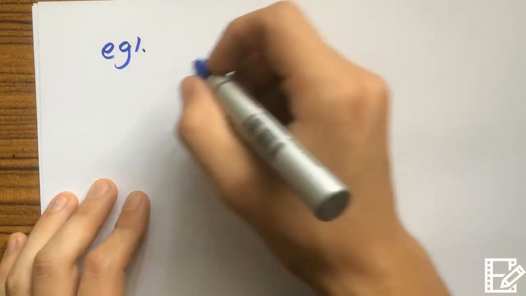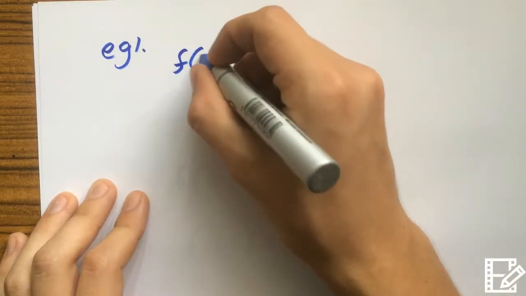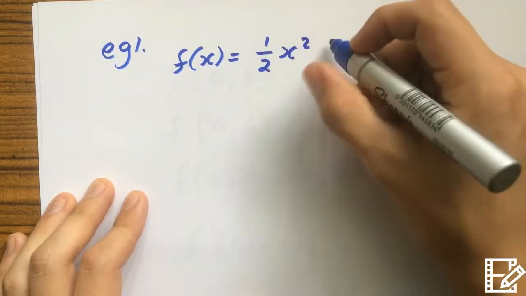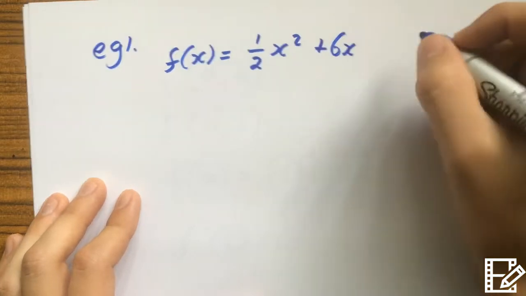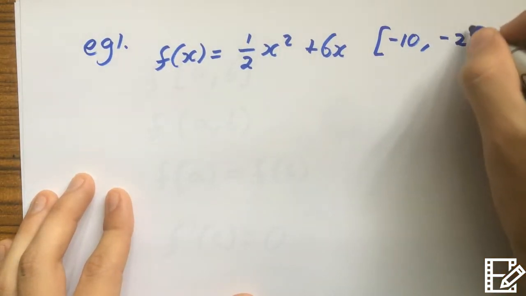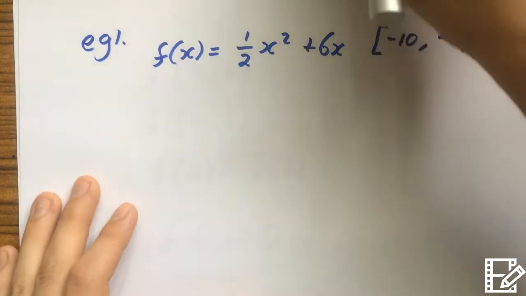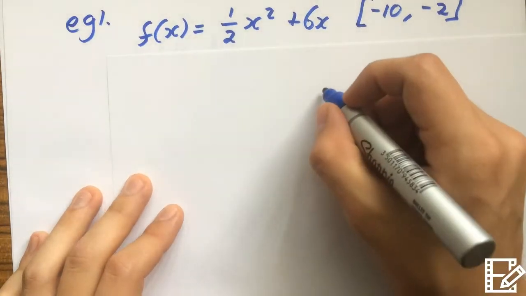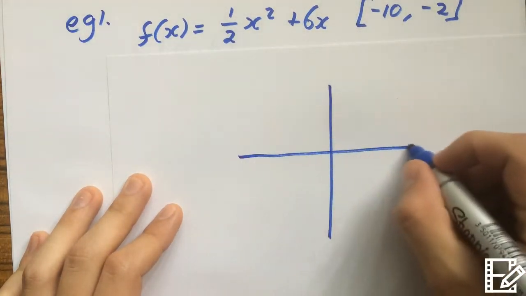So, example 1, we have a function f of x equals half x squared plus 6x, within the domain of -10 and -2. This function looks a bit like this.